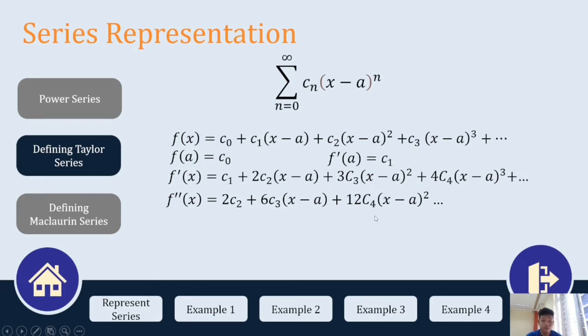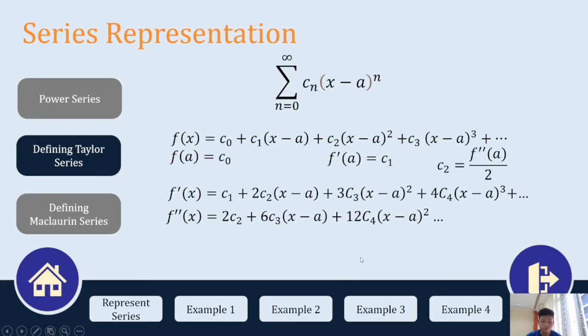Again, if we evaluate f double prime of x at a, we will get 2c2 because these binomials will become 0. So we have f double prime of a equals 2c2, or we can write c2 equals f double prime of a over 2.